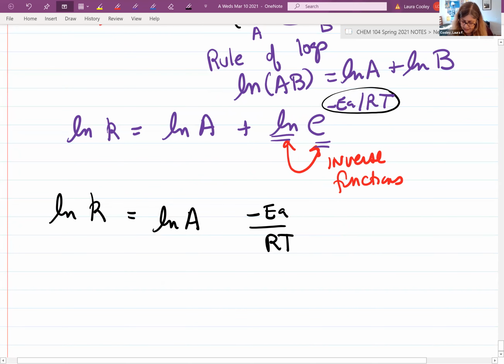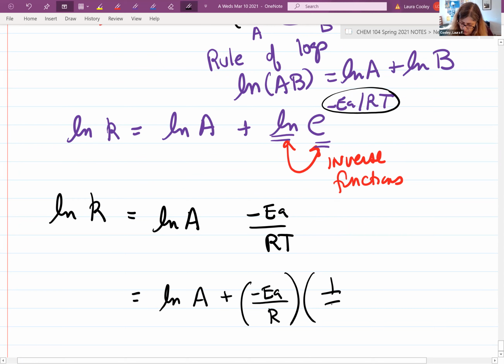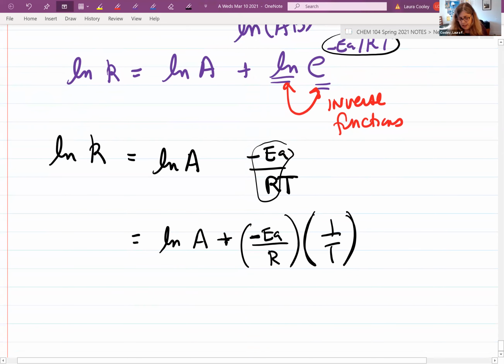So if you look at this and you just sort of mess with it a little bit, I really didn't do anything. I took this T here, I wrote it as 1 over T. And I took this minus EA over R and I put it in parentheses and I put a plus sign, but it's really exactly the same thing.